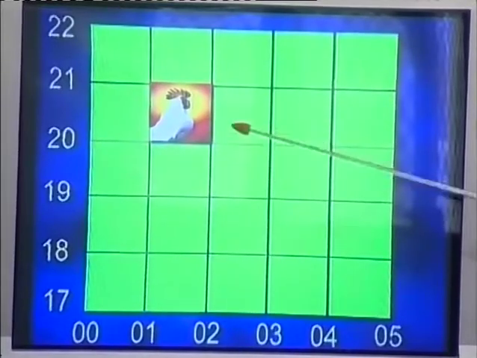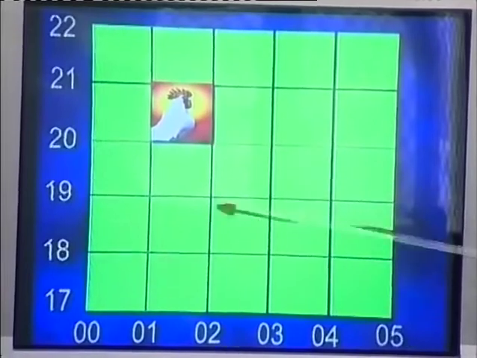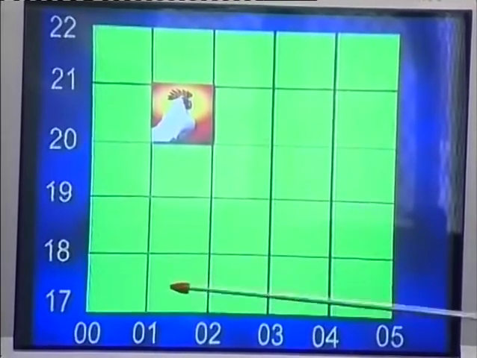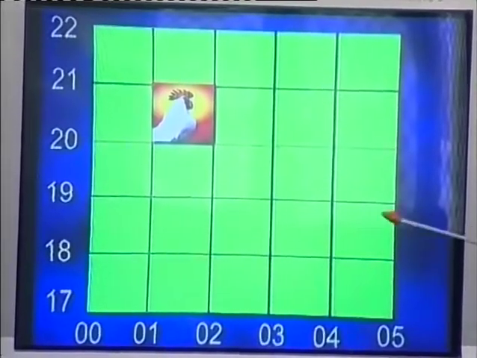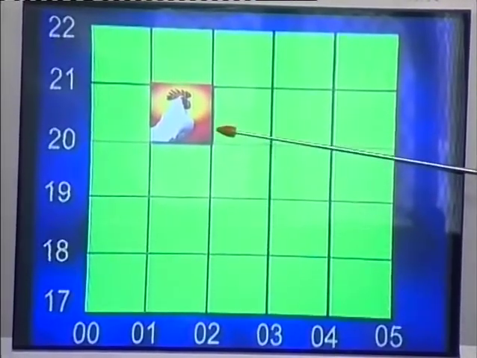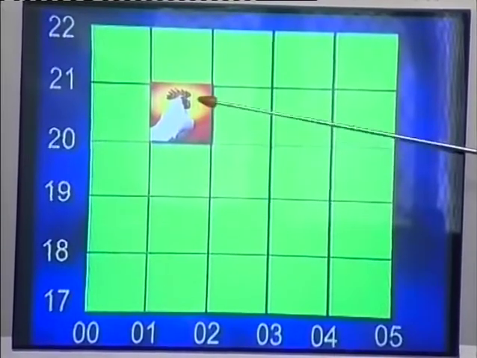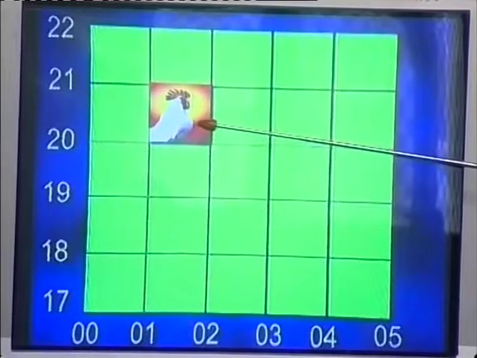In which square is it? Looking at the numbers, looking at the easting. Always look at the easting first. The rule is to look at the easting first, at the bottom left-hand corner.